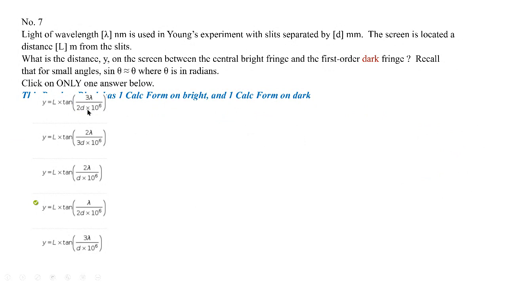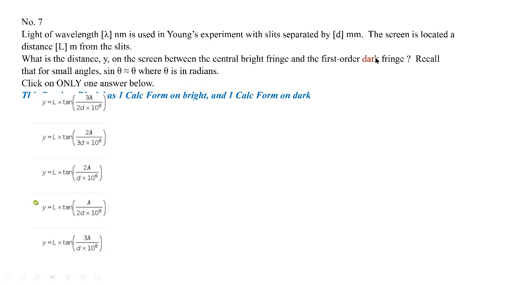That would not be the first order bright. It is then the next bright. Not the first order dark. It's the next dark, and the next dark has to be 3 lambda. It cannot be 2 lambda because 2 lambda would be bright fringe. So it is 3.